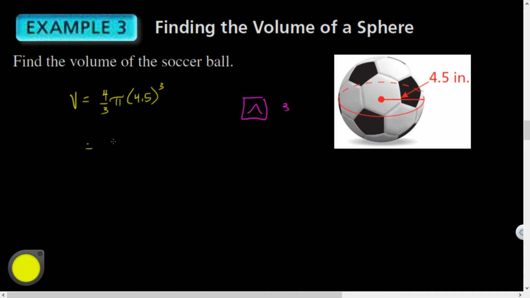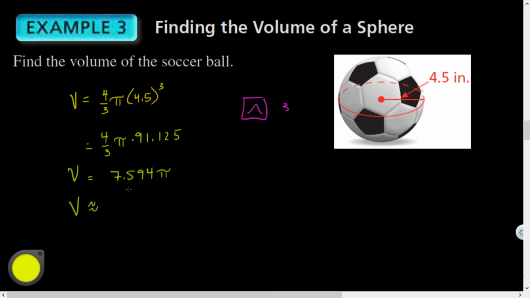Yeah, 91. I'll write out some of these steps here just for demonstration. 91.125. I'll multiply that by 4 and then divide it by 3. And I get 7.594 roughly pi is the volume.